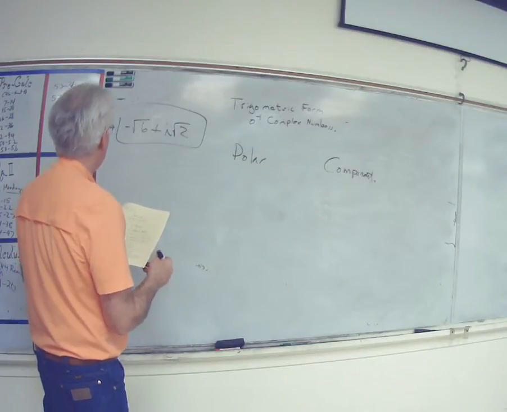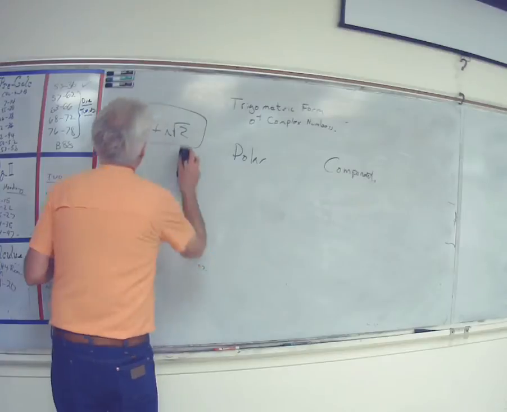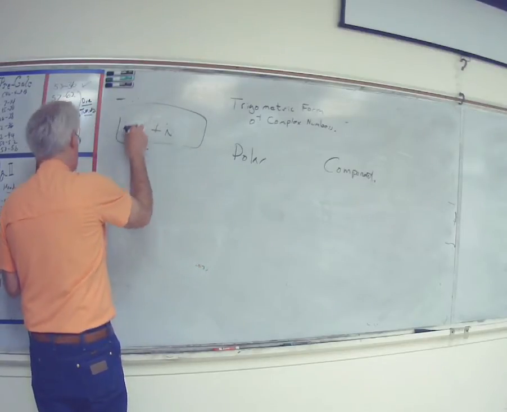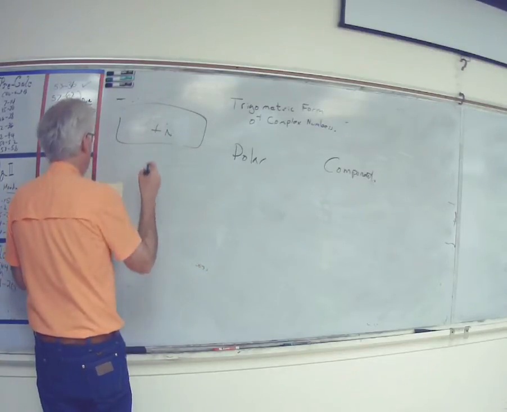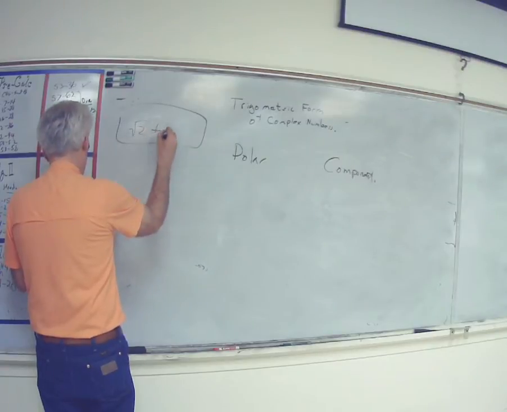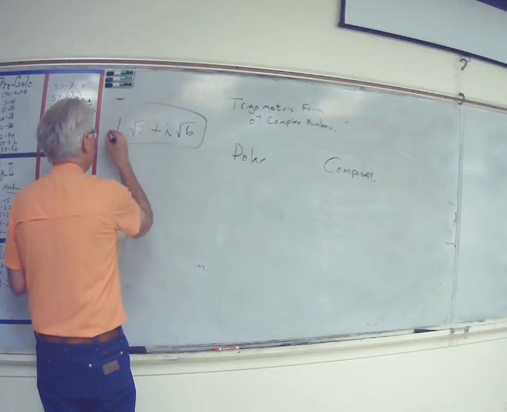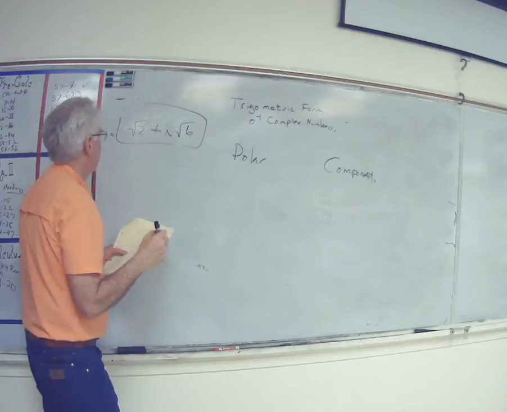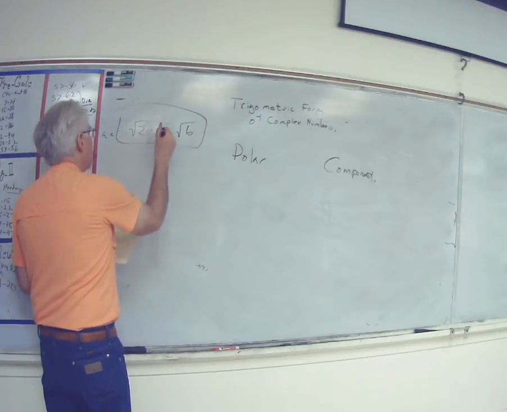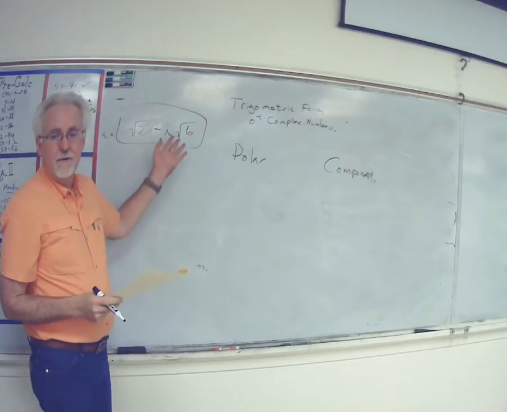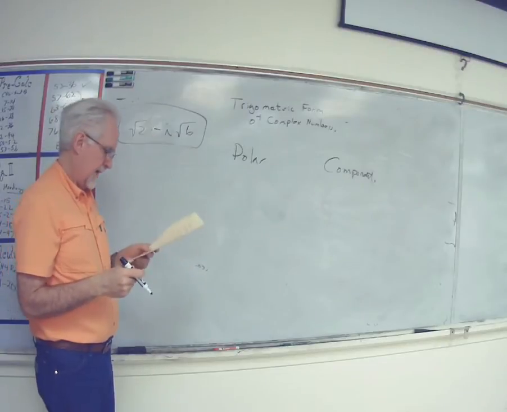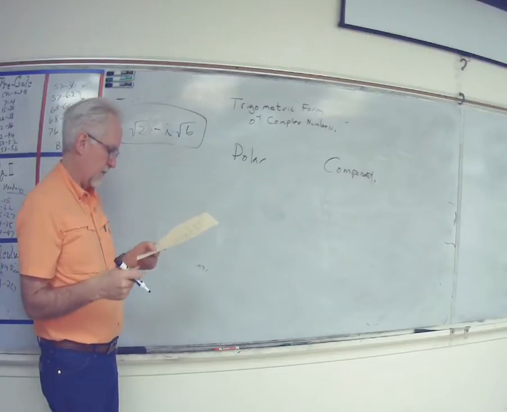I wrote it backwards. I was backwards 2 times on that problem, wasn't I? So it's the square root of 2 plus i, the square root of 6. Negative square root of 6, so it'd be minus. Did I get it right? Yes. Okay. I'm sorry. I got those things reversed and then I reversed them again.